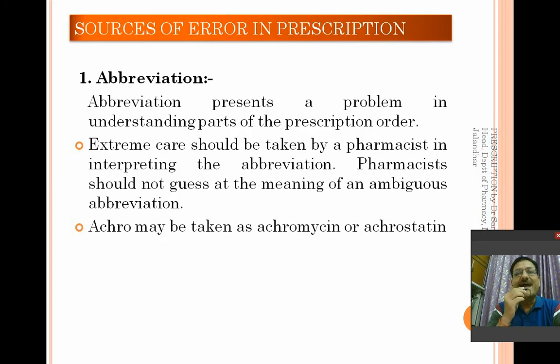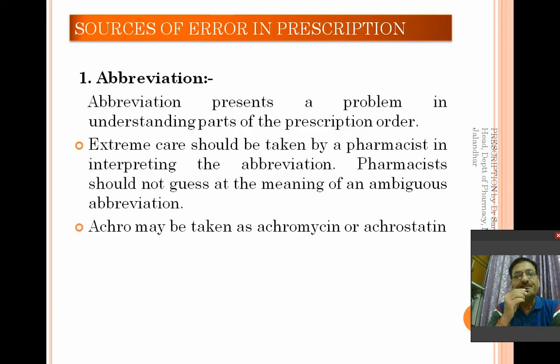These errors can be an error of abbreviation. Abbreviation presents a problem in understanding parts of the prescription order. Extreme care should be taken by a pharmacist in interpreting the abbreviation. Pharmacists should not guess at the meaning of an ambiguous abbreviation.